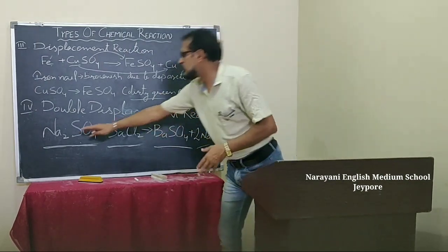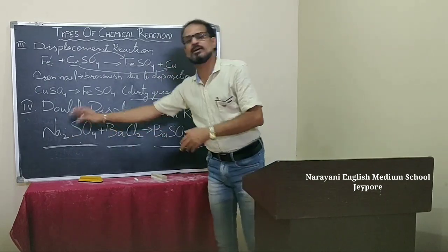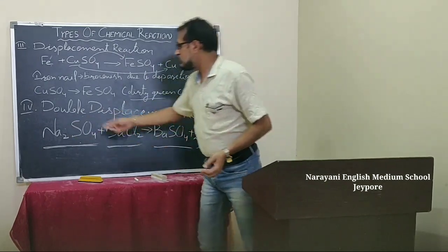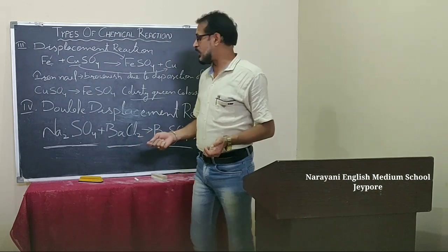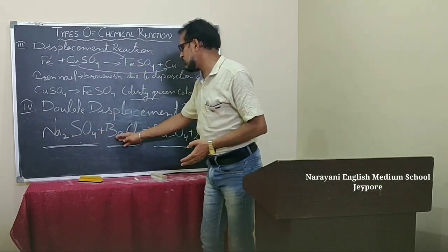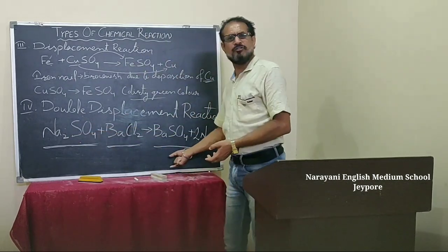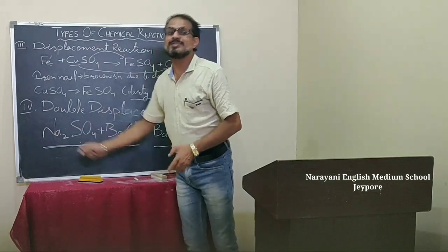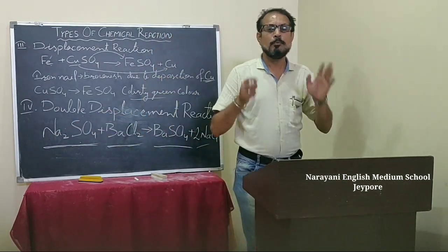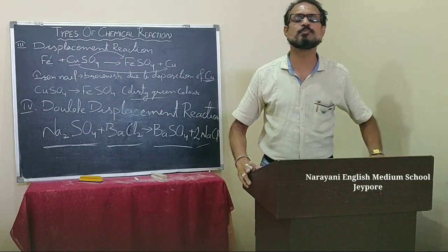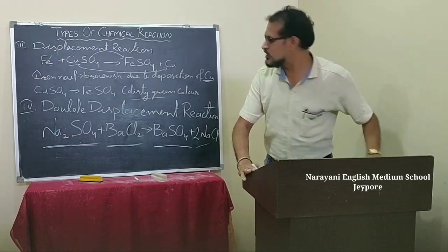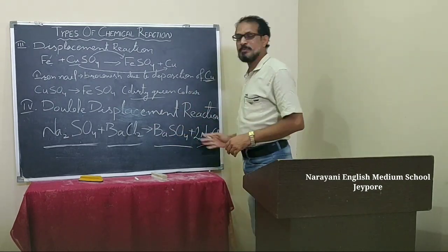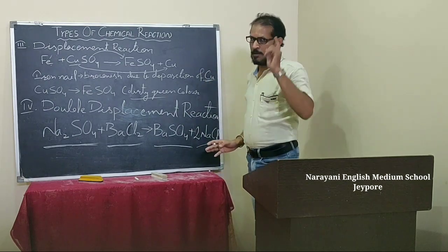Not only that Na2 will come only here and Ba only there. There may be some extreme cases where Na2 comes over here, joins one thing, and some other reactant might come there. So more than one displacement will be done. I am coming again.